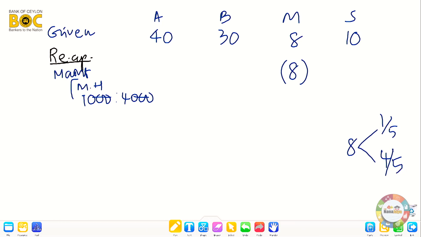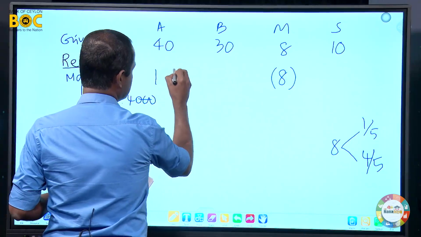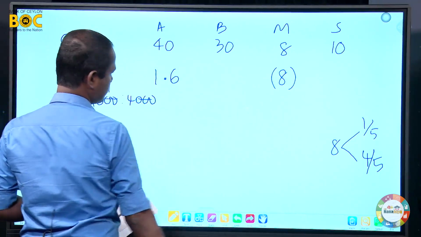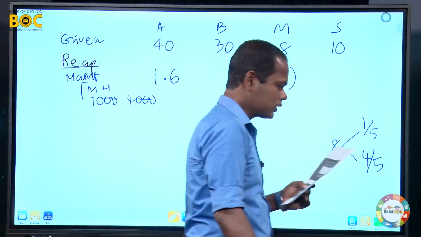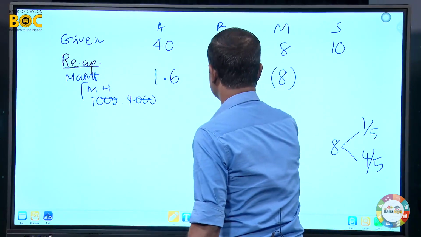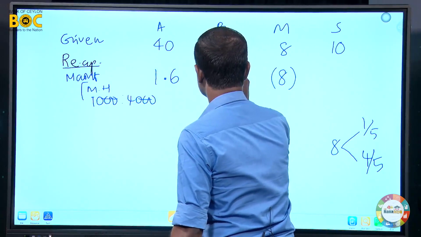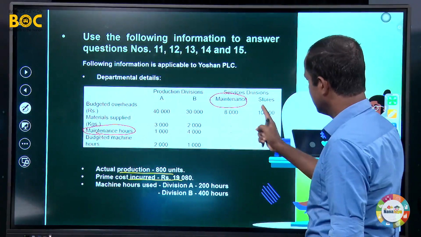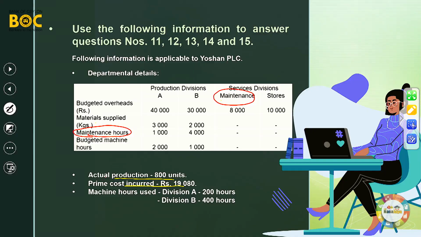From this 8,000, 1/5 goes to department A: 1,600. Then 4/5 is 6,400. If the base is not clearly given, you identify the function of the service department to reapportion.